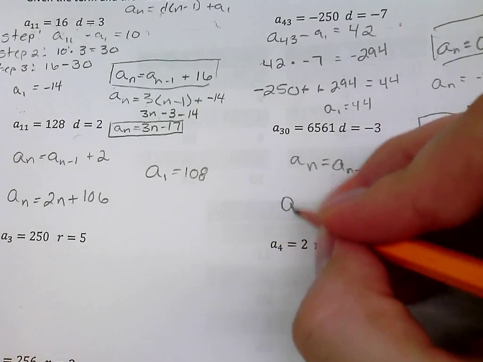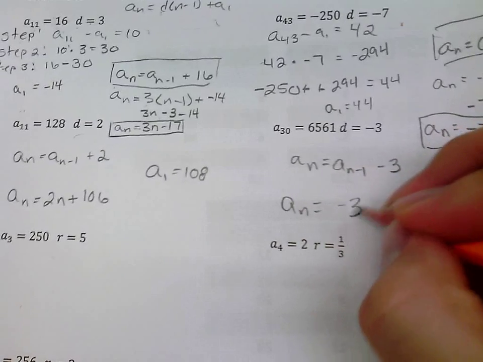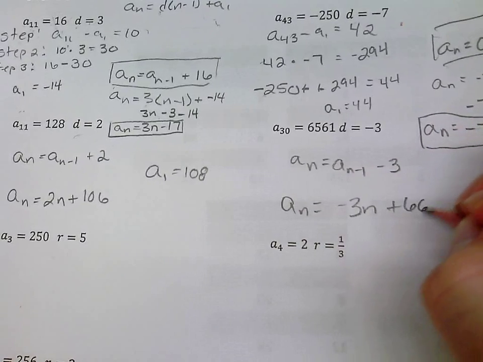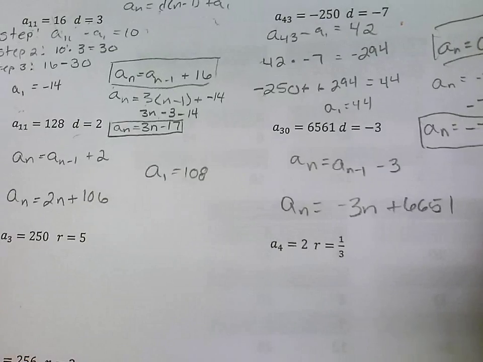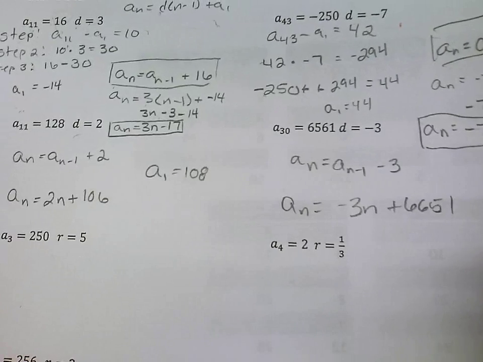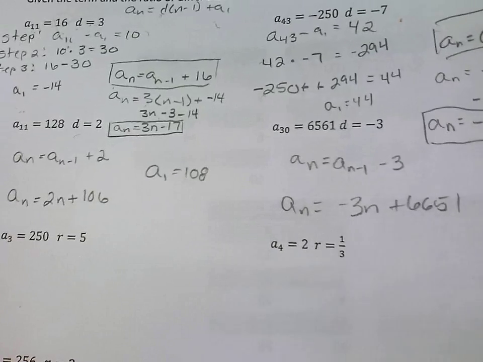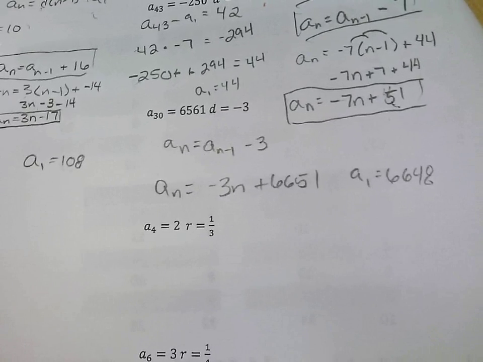The explicit is AN equals negative 3N plus 6651, where A1 was 6648. Okay, so those are arithmetic. Now we're going to go to geometric.